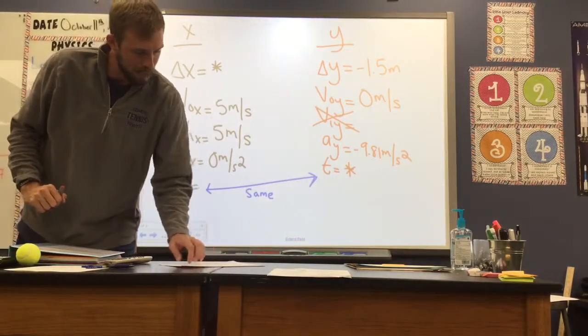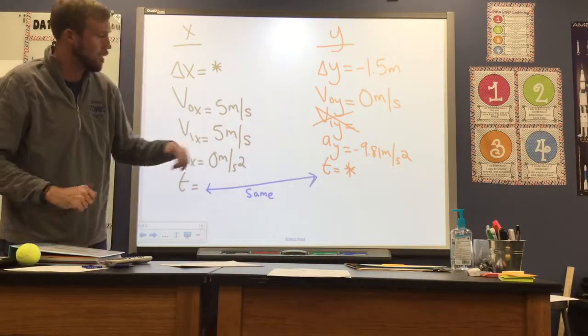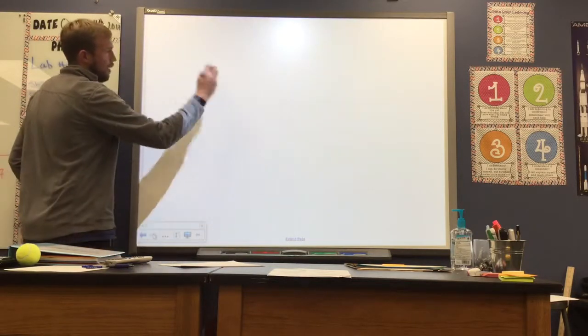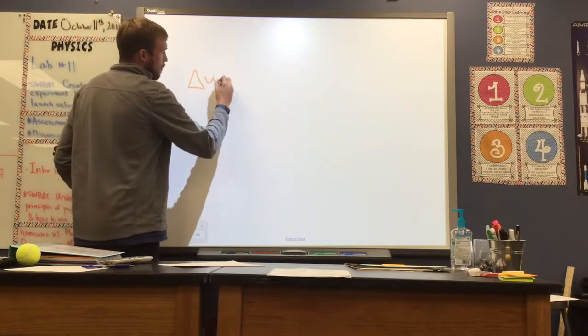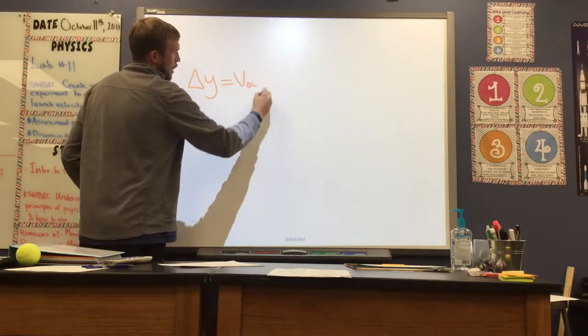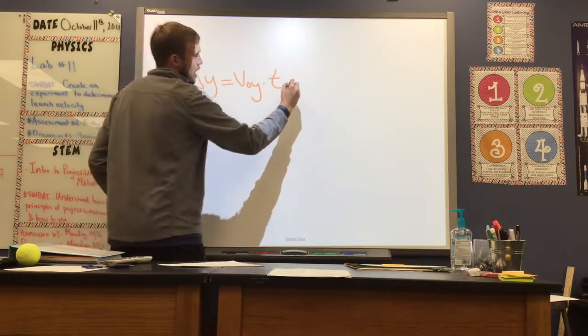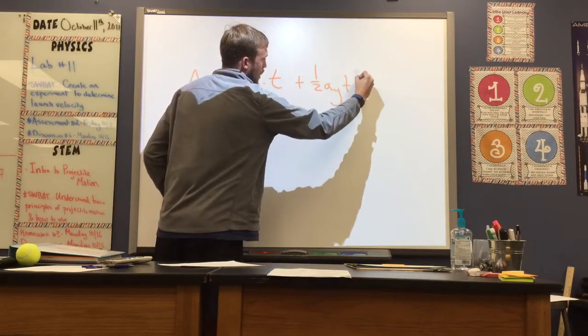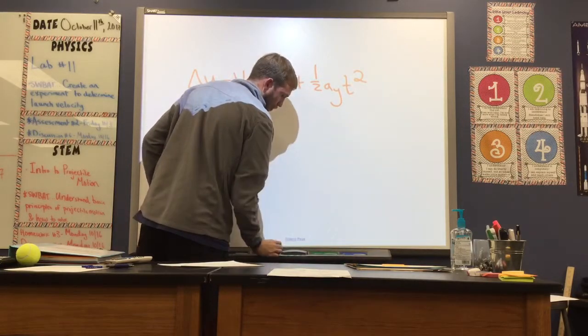And if I look at my kinematic equation sheet, V1 doesn't appear in equation 2. So let's go there. Delta y is equal to my initial velocity in the y direction times time plus 1/2 acceleration in the y times t squared.